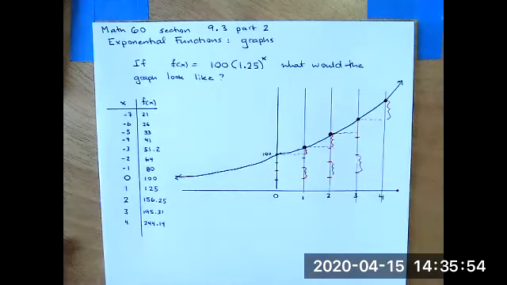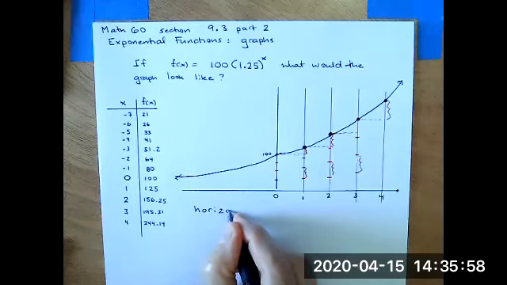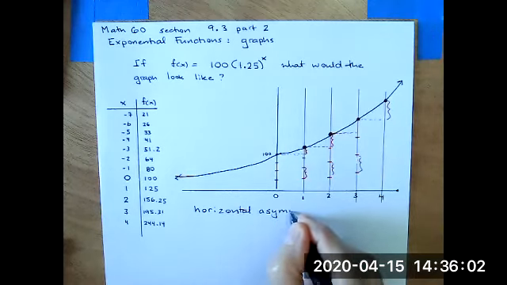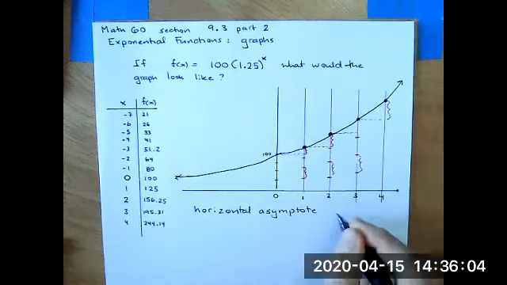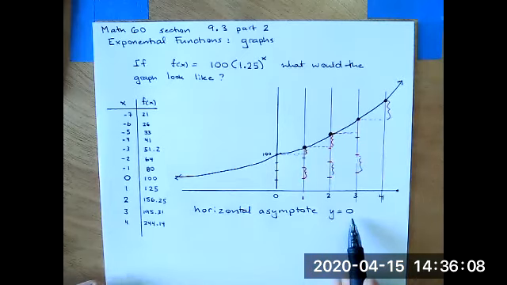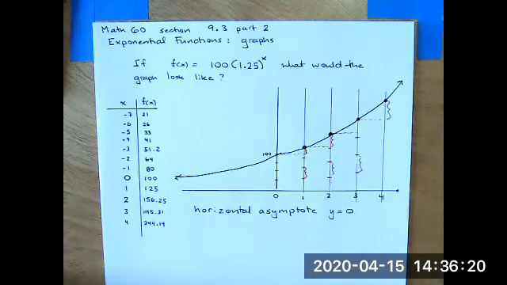And the graph has what we call a horizontal asymptote of y equals 0, because it's getting closer and closer to the y value, 0. Asymptote means it's never equal to 0. It just gets closer and closer to 0.